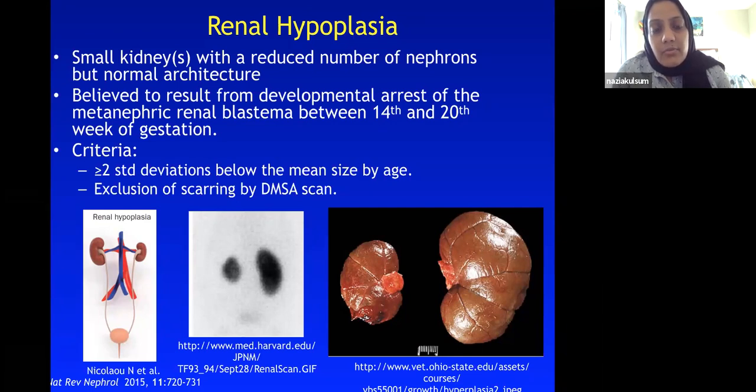And hypoplastic kidneys are still functional kidneys. So you can do a DMSA scan, dimercaptosuccinic acid scan, and basically that will show that the kidney is able to pick up the dye. And in this picture here, right here in the middle, you can see that there is a good cortical uptake. It's just that the kidney is small.